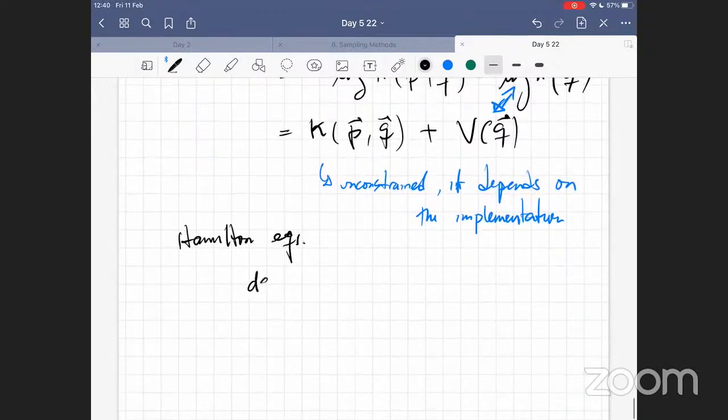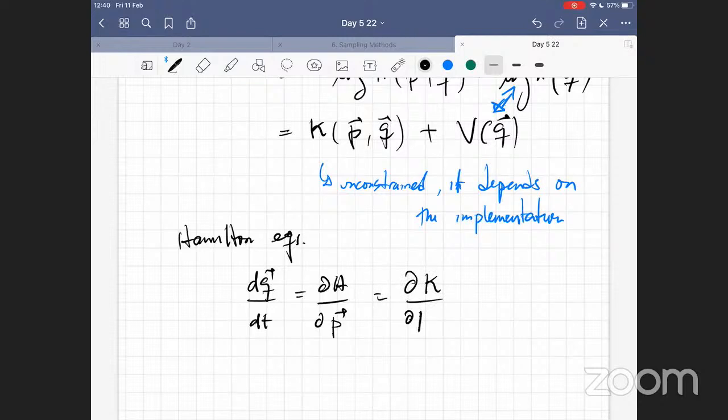So Hamilton equations, you may remember that. Derivative of Q with respect to T is just dH/dP. This is obviously only affecting the kinetic energy.